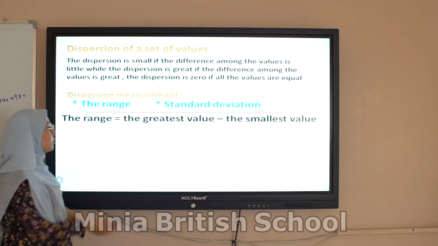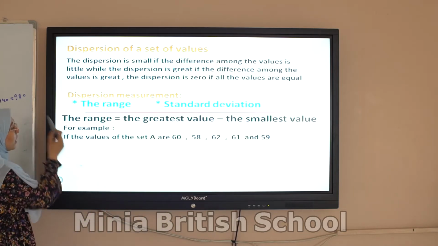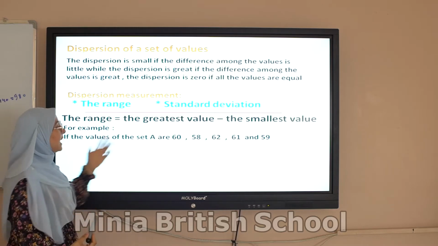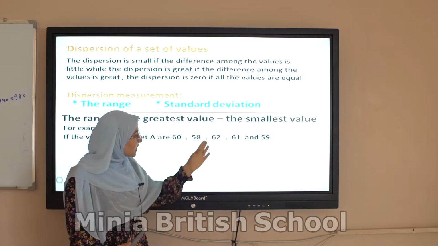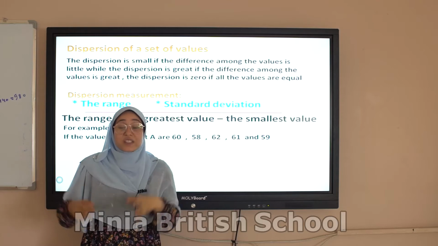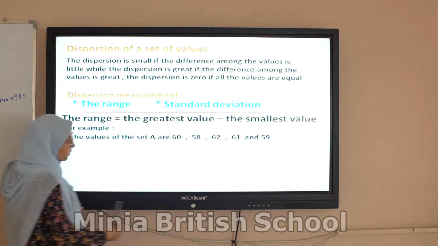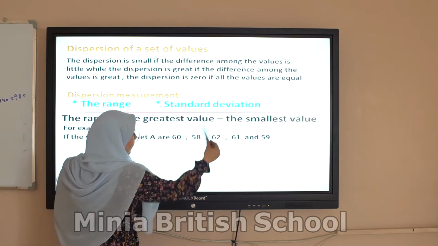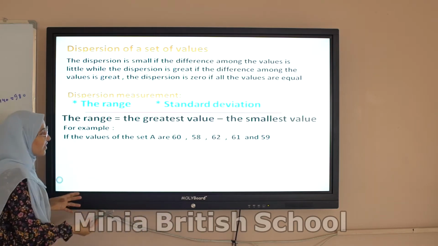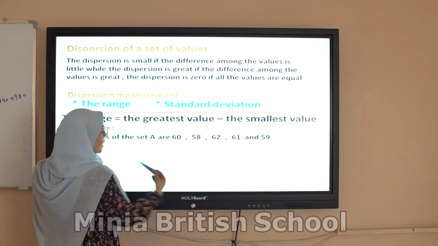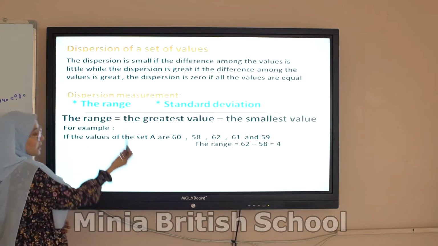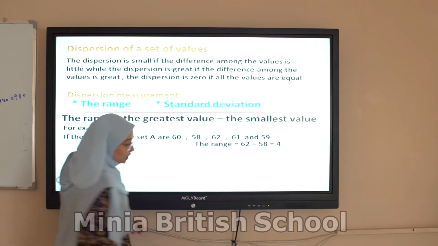Okay. For example, here if you have the values of the set A are 60, 58, 62, 61, and 59. What is the greatest value here? Greatest value is, yes, 62. And the smallest value is 58. So the range equals 62 minus 58 equals 4.